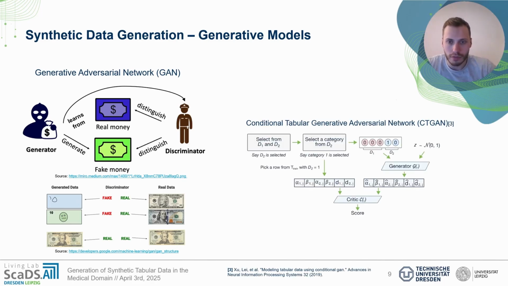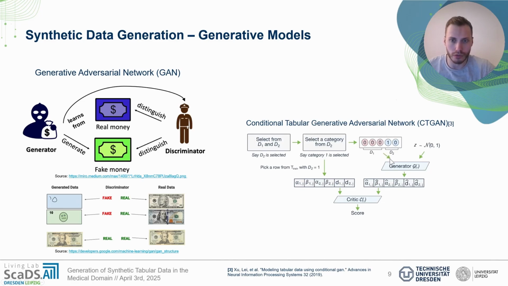In general, it works the same for tabular data as well, and we can see that the same representation of tabular data is used as for variational autoencoder. However, we can see that there's something extra here, and this is a conditional vector.